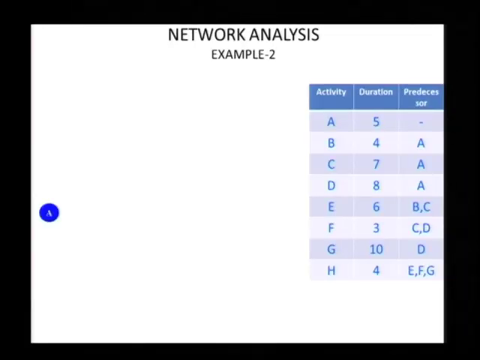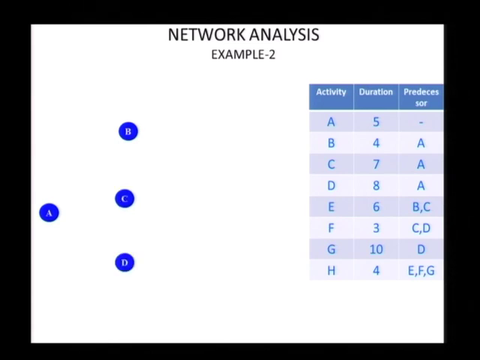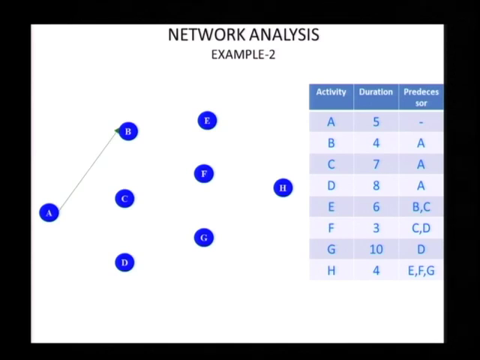So I have activity A, B, C, D, E, F, G, H. So my relationships are: B follows A. So I have B, C and D with A as a predecessor.